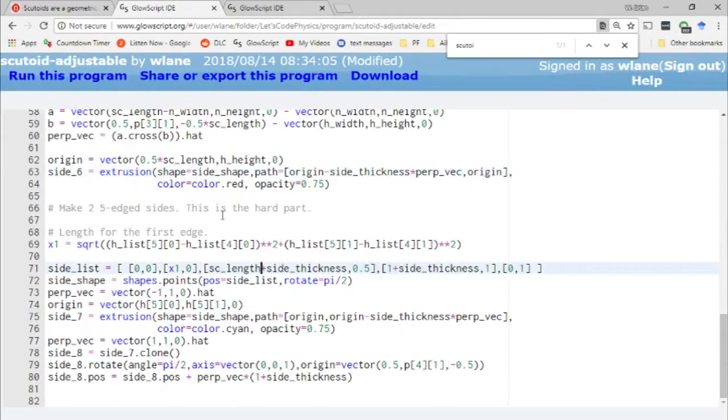Here I do, so that becomes 0.5 times SC length. And then we'll make an SC length here. Right, nothing there, nothing here, nothing there, and this becomes that. And here, one last one, SC length plus side thickness.